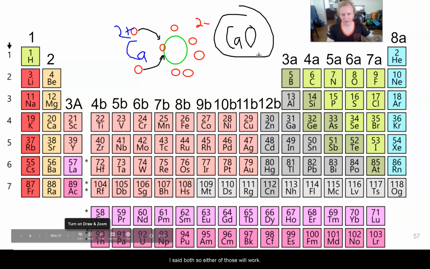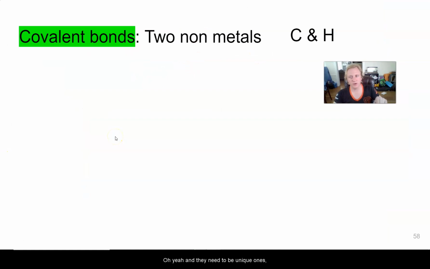I've said both, so either of those will work. Then put in the body 2 different ionic bonds that you think will form. If you get them right, I'll give you some extra credit. And they need to be unique ones too, ones that we didn't just do in the lecture. So 2 unique ionic bonds.